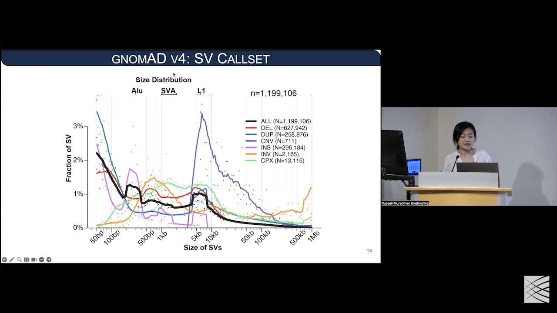But I want to highlight the three still active mobile element types in human genomes, which include Alu, L1, and SVA, where you can see the purple color here represents insertions. So we usually observe a big number of Alus around 300 bases, SVAs around 1 kb, and L1 around 6 kb. Those are peaks in the size distribution, but overall, this is what we were expecting.